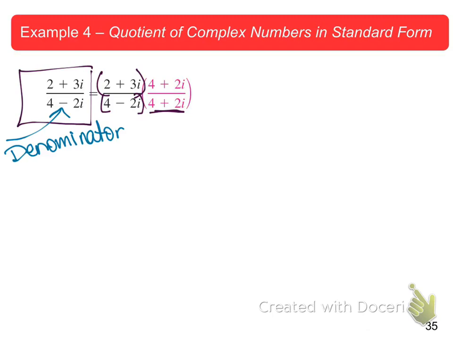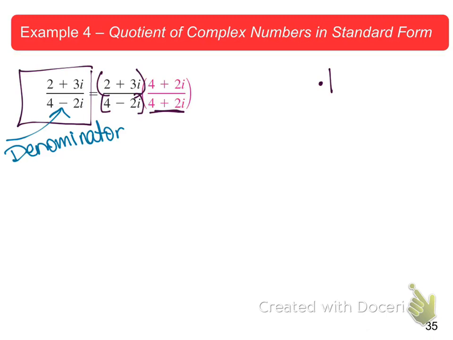When I multiply the top and the bottom by the same thing, what am I actually multiplying by? 1. Good. 4 plus 2i over 4 plus 2i is 1. So I am multiplying this by 1. And if I multiply something by 1, then I'm keeping its value the same.